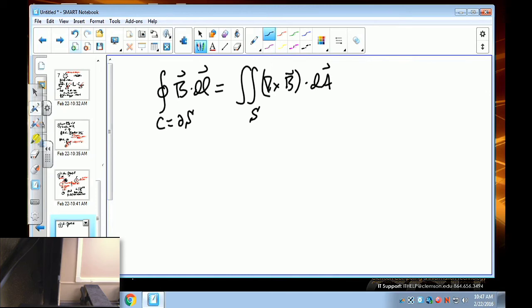We saw that the curl of B, remember from Maxwell's fourth equation. Remember what the curl of B is? 4 pi over c times the current density. Yes, that's right. There you go. That's Maxwell's fourth equation.